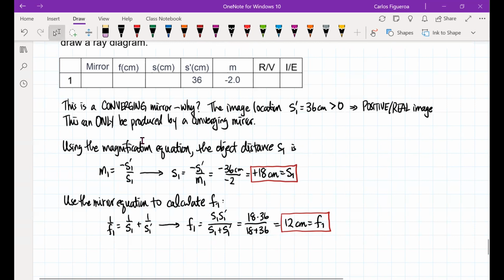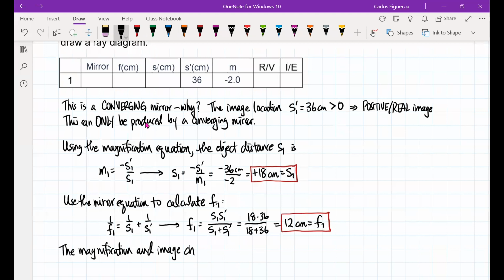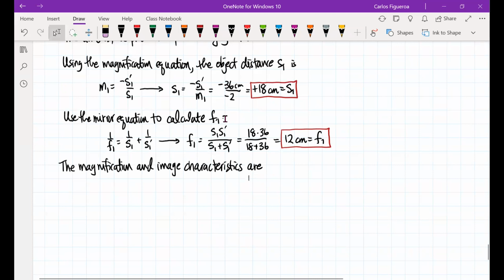So now from the magnification equation, the magnification and image characteristics are as follows. Note that they tell us that m is already minus 2, but we should always calculate it.